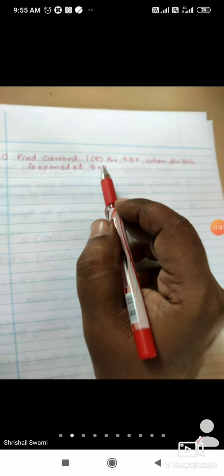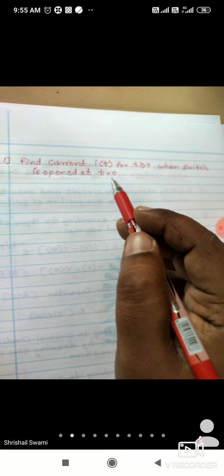So find current I of t for t greater than 0 when switch is open at t is equal to 0.